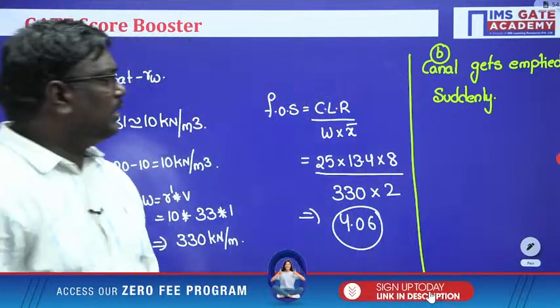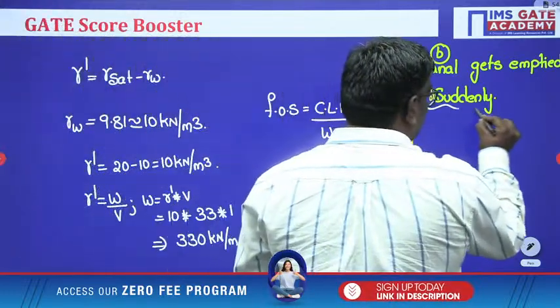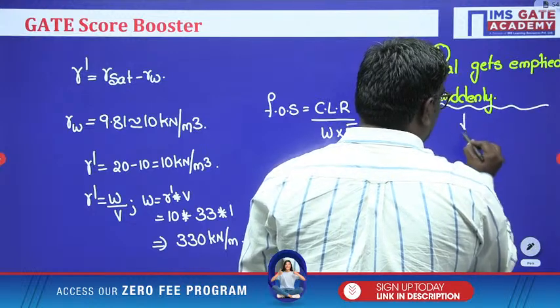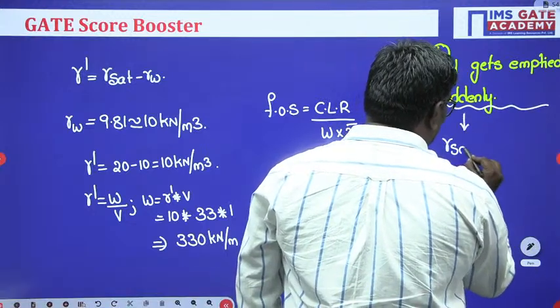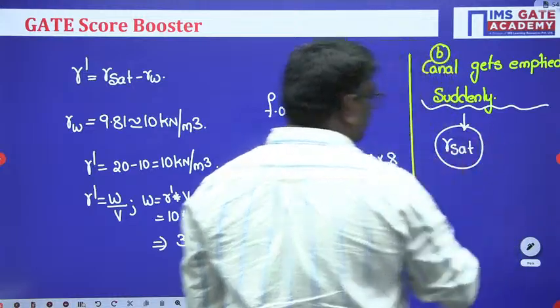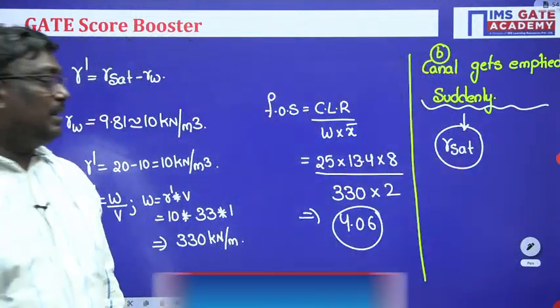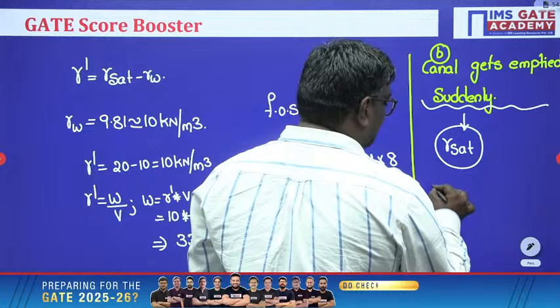The second question, part B, this is important. When the canal gets emptied suddenly, here we have to use gamma sat. So, here gamma sat is equal to 20.